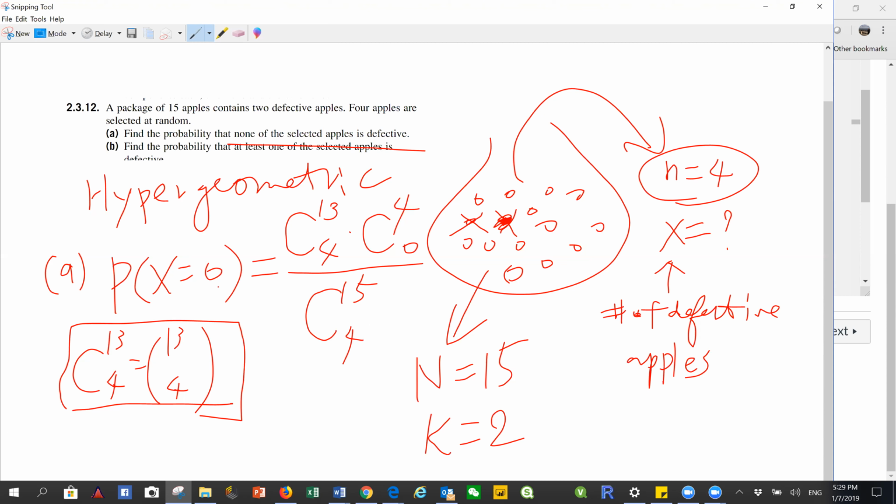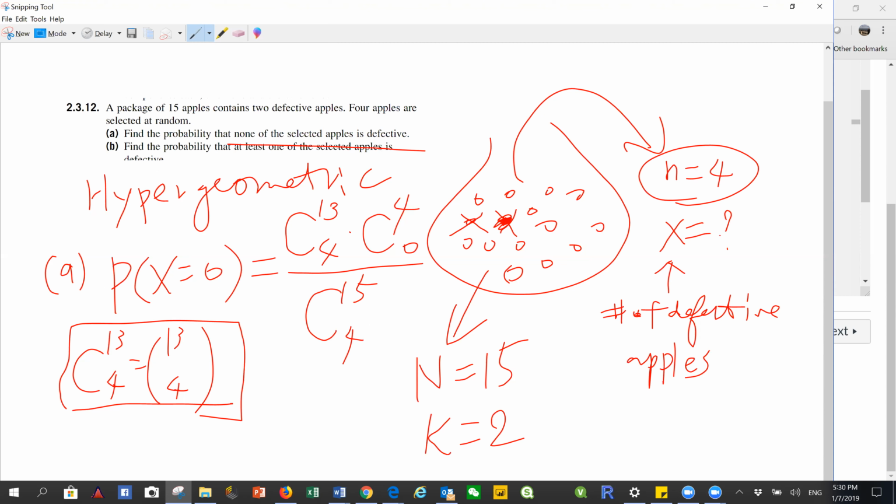So this is the answer, and for the second one, at least one of the selected is defective. That means what? There are two ways to calculate this answer.